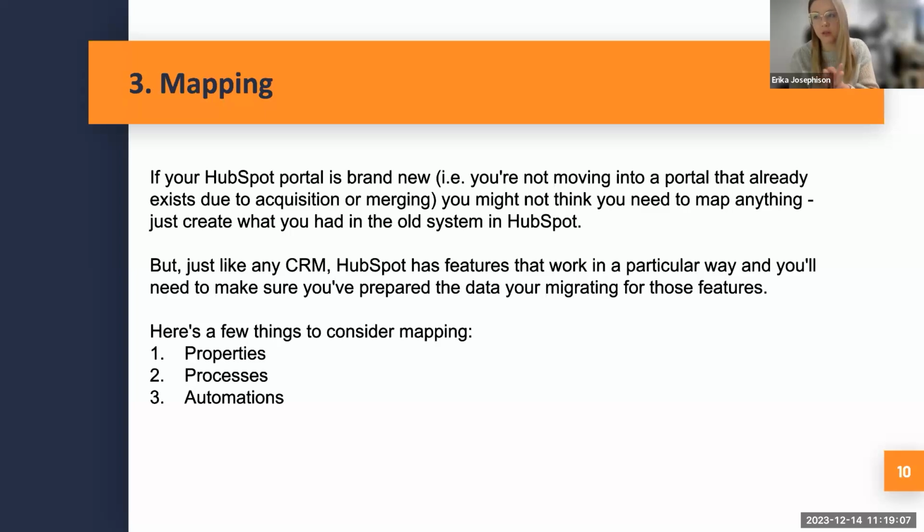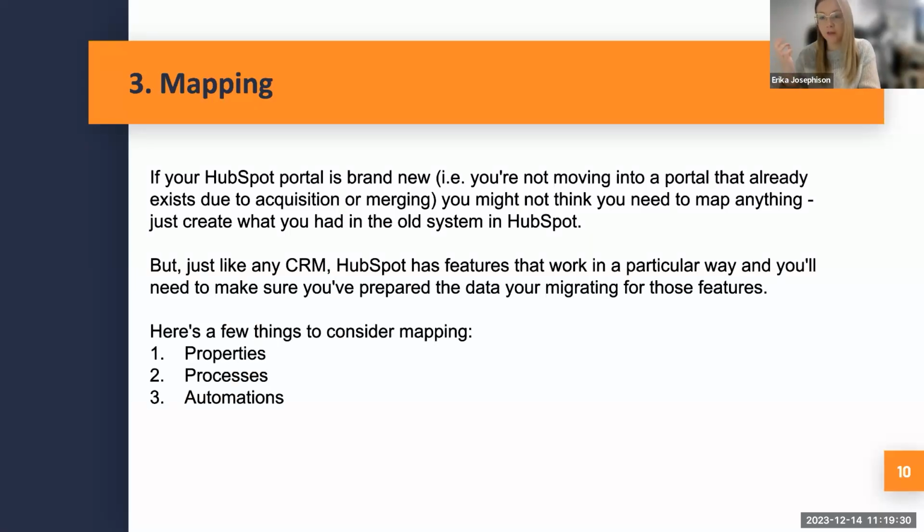So here are a few specific things that you should consider when you are mapping. The first one is properties. HubSpot has default properties for some things. HubSpot has a property for industry that you can use on your contacts or your companies to track. It has a whole bunch of industries in it, and you can use that as you see fit.